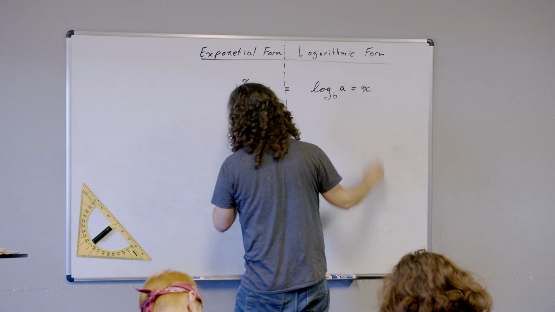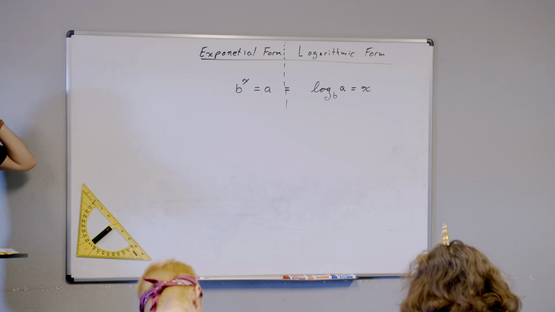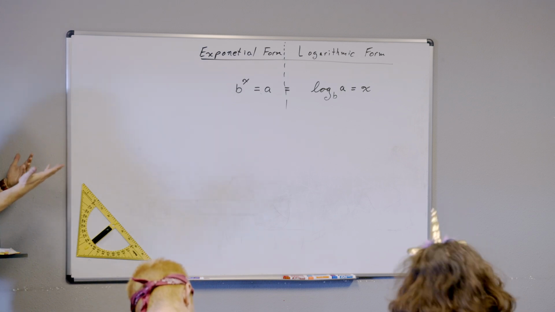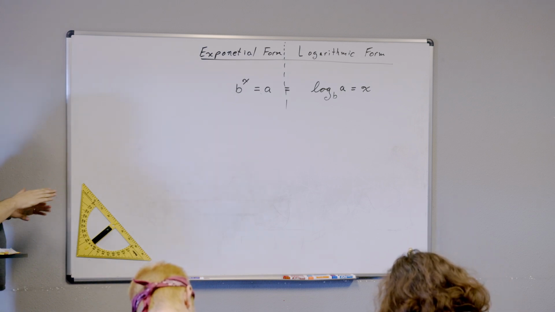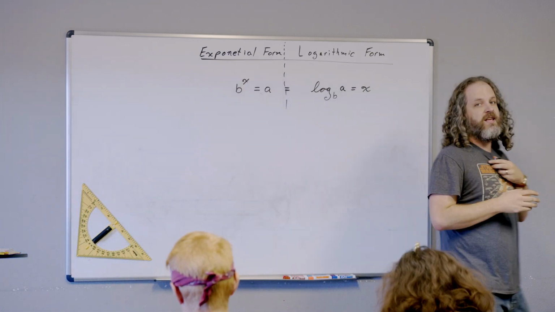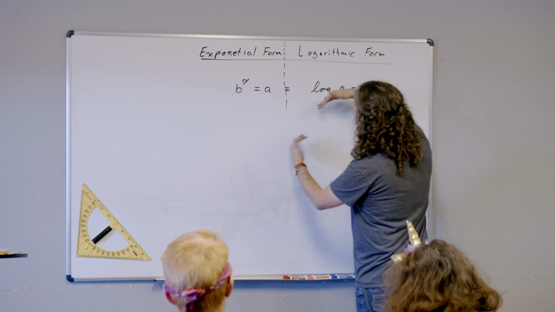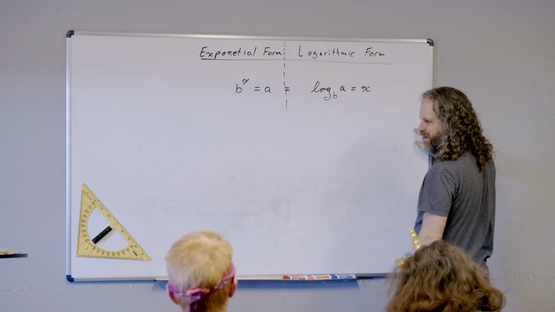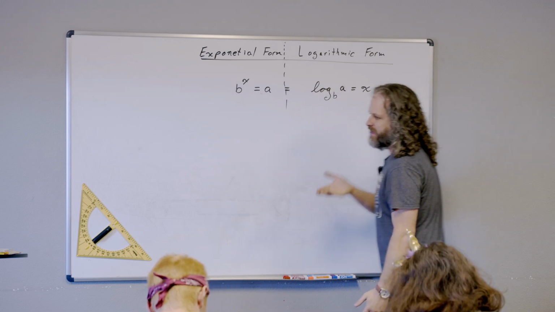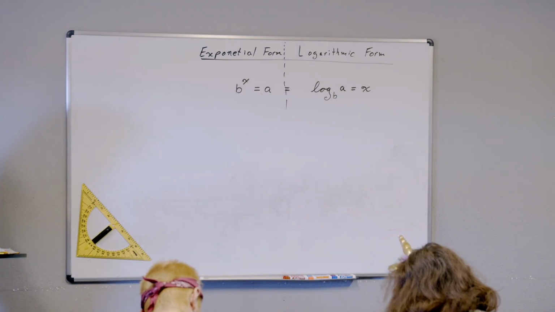When we graph logs, you'll see that they are inverses of one another. If you graph an exponential function and you graph a log, it's just the inverse. It takes the exponential growth and flips it over the x-axis, which is what most of this lesson is about. But I'm going to hit some of the possibly less developed things now.